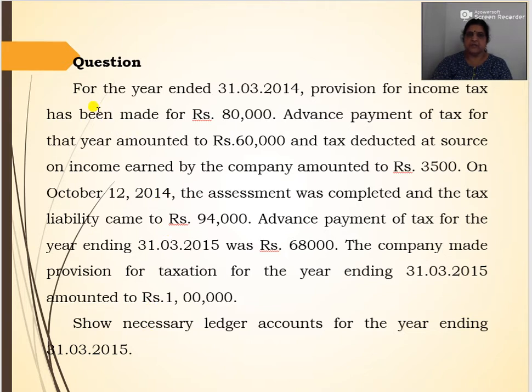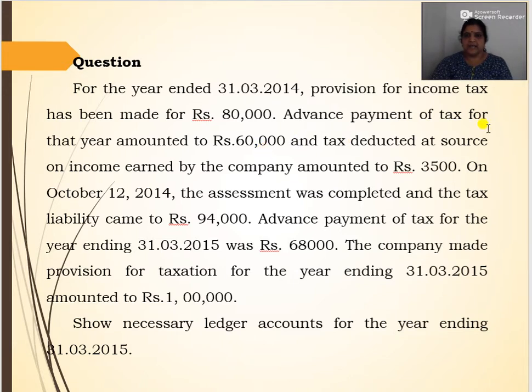I'll read once more. For the year ended 31st March 2014, provision for income tax has been made for rupees 80,000. So last year provision 80,000. Now advance payment of tax for that year, that is last year's advance payment of tax amounted to rupees 60,000. That is last year's advance payment of tax means it is related to the current year, that is payment of tax for the current year.